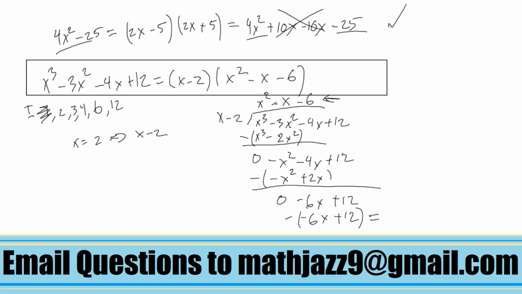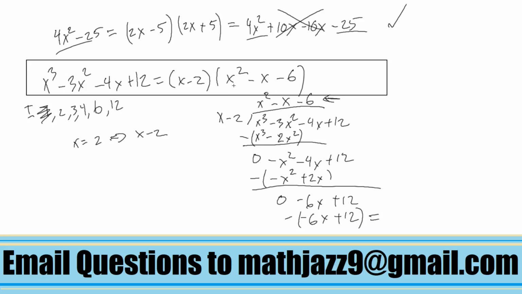We say, well, how does this factor, if it factors? Does it look like a perfect square? No. Does it look like a difference of squares? No, it doesn't. Well, we might have to resort to the rational roots theorem again.